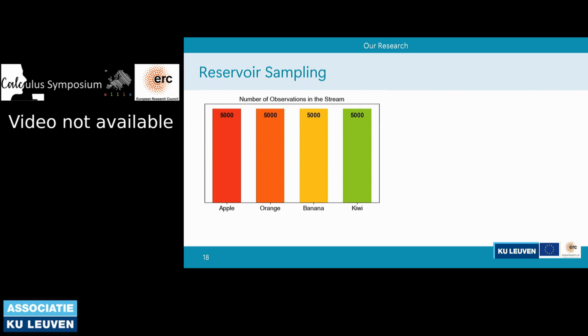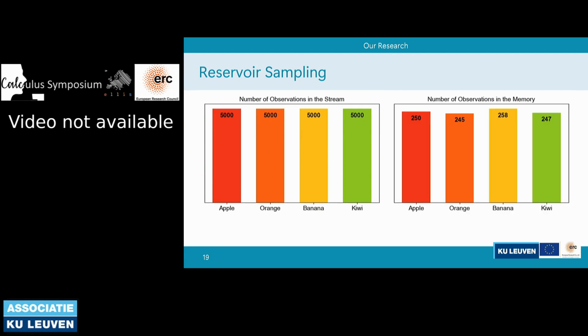After we perform continual learning with reservoir sampling as the memory population algorithm, and assuming the memory is of size 1,000, the distribution of the memory at the end could look something like this, where it's pretty much the same distribution between the stream and the memory, and we have 250 examples on average for each class in the memory.